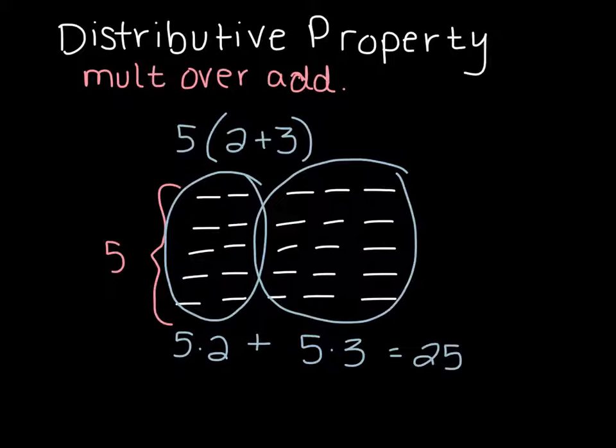Okay? So notice what the distributive property says is I can do this, meaning I can go 2 plus 3 is 5, and then I have 5 of those. Or I can multiply each of these pieces by 5 first, and then add them back together. And I'm sure you've seen a lot of places in math where this distributive property is used.